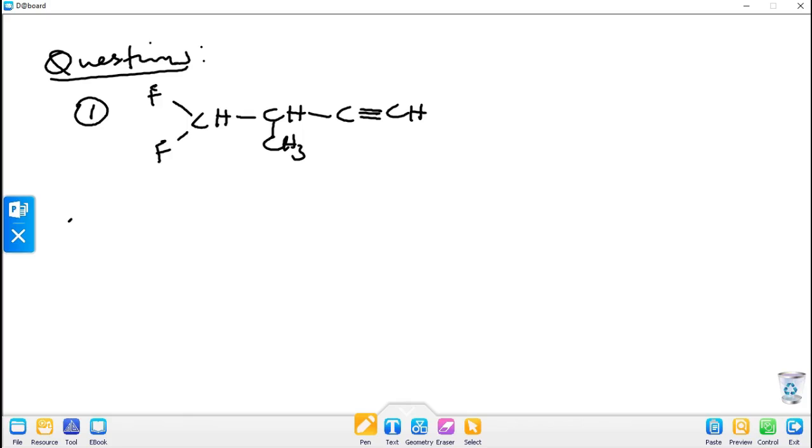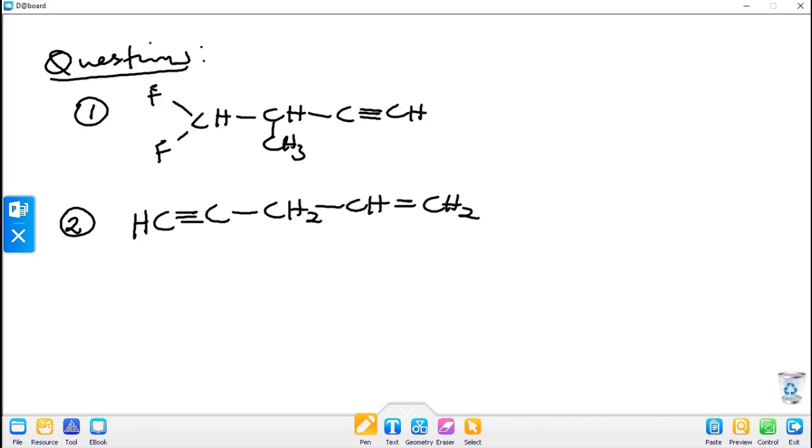This is question 1. Question 2. You are to give the IUPAC names of these compounds. And without hesitation, please kindly post your answer to the platform. Kindly send us your answer as quickly as possible.